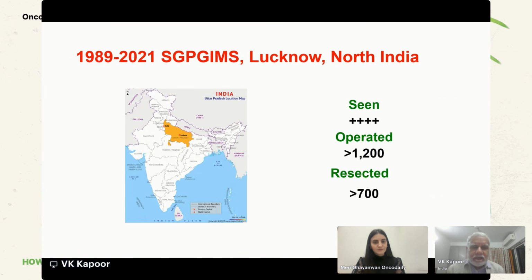So over 30 years, we had an experience of more than 1,200 operations and more than 700 resections in patients with gallbladder cancer, which probably is one of the largest single institution experiences anywhere in the world.